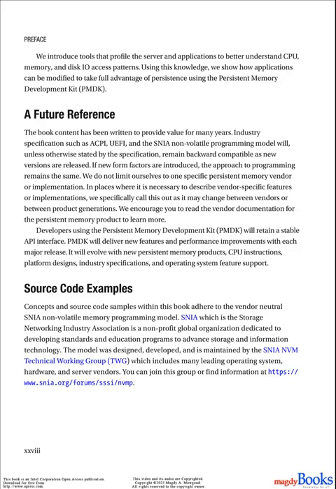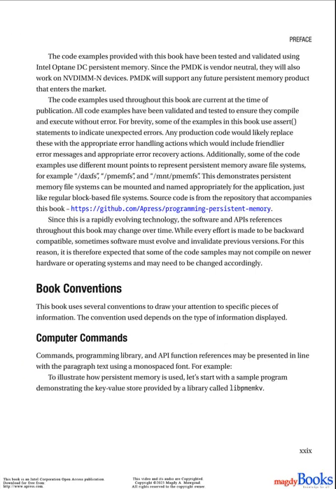The model was designed, developed, and is maintained by the SNIA NVM Technical Working Group, TWG, which includes many leading operating system, hardware, and server vendors. You can join this group or find information at https://www.snia.org/forums/c/nvmp.